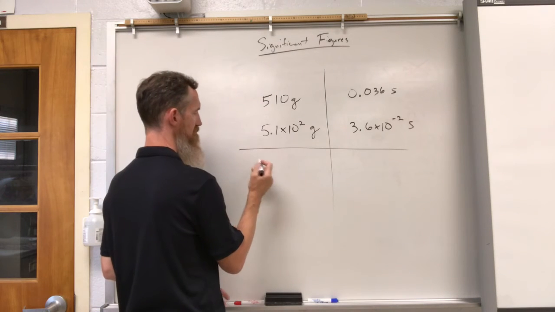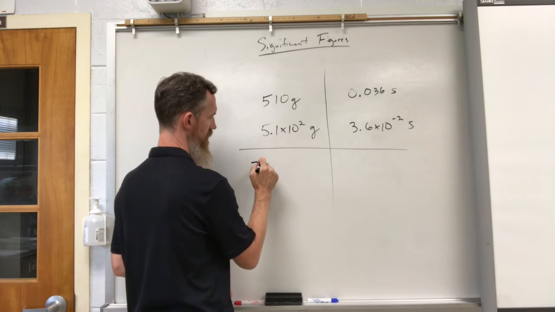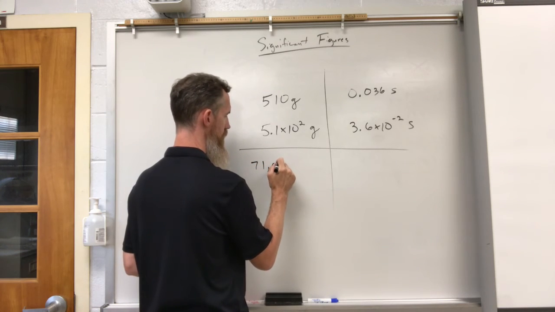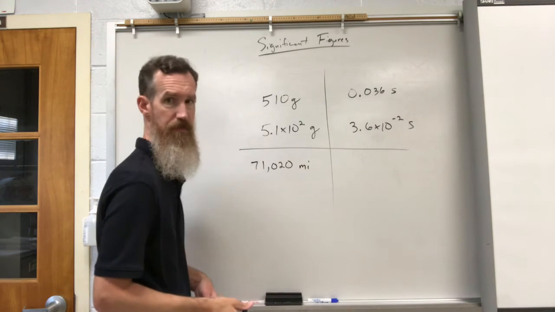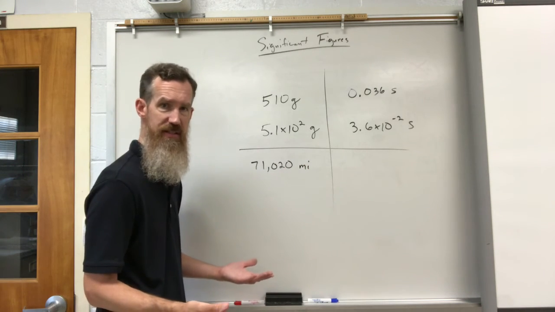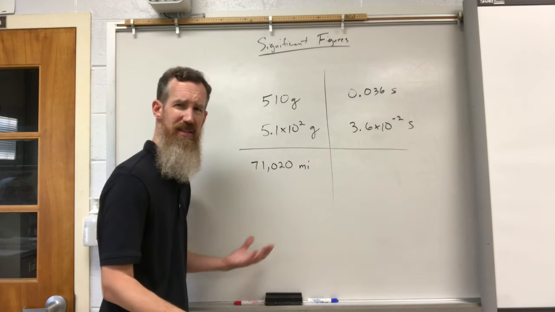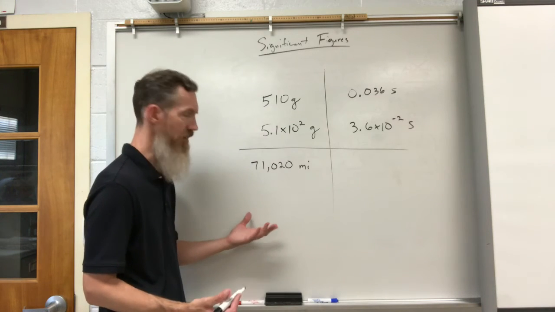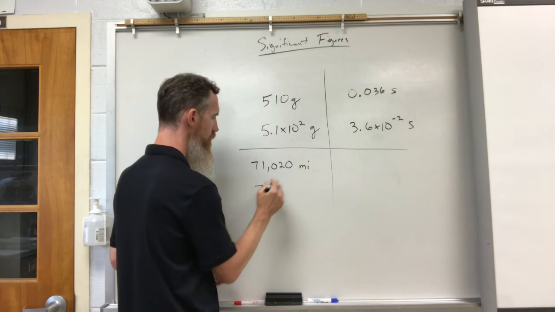This can get really useful when we have stuff like this. If you have, I'll make up a number, 71,020 miles. How many sig figs is that? Well, what 0 is a placeholder, what 0 isn't? Well, if you write scientific notation accordingly, remember, you move the decimal.